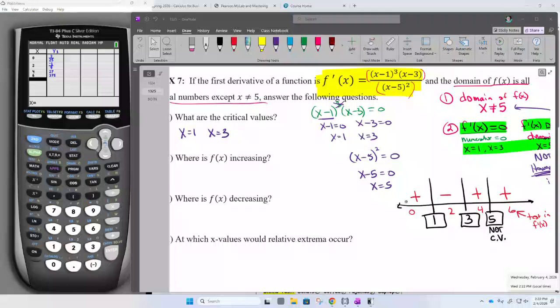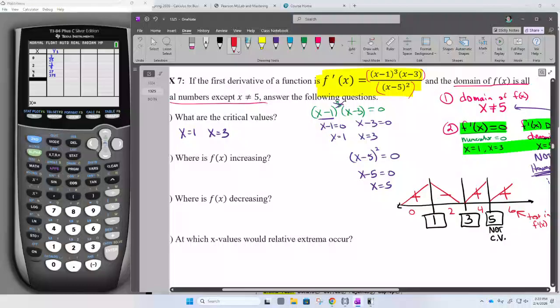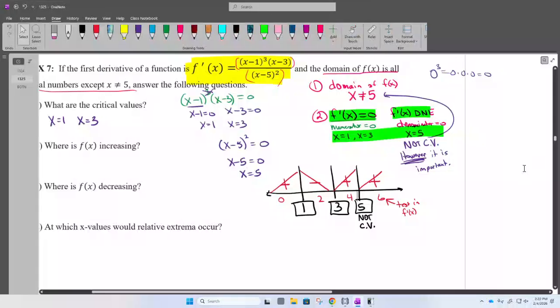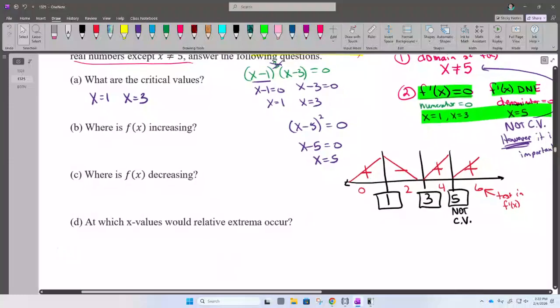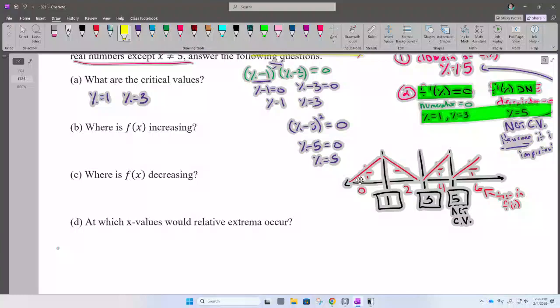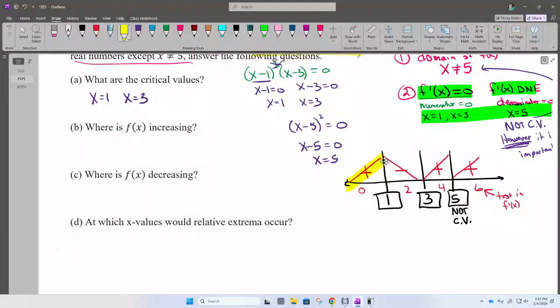All right, so that means we were increasing, decreasing, increasing, increasing. So this function is increasing, and we don't even know what the function is, but we can tell information about it. It was increasing from negative infinity to 1, 3 to 5, and 5 to infinity. Be very cautious over here. You don't want to say it was increasing from 3 to infinity because something's happening at 5.